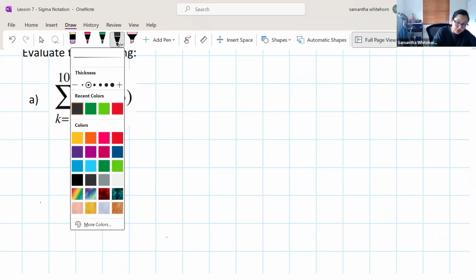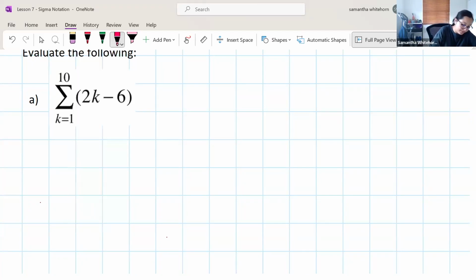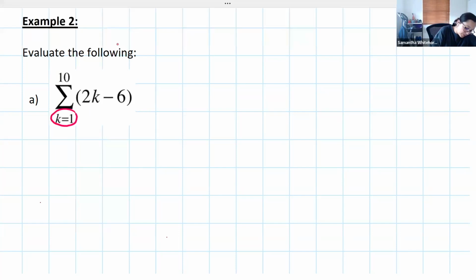And again, because we can write a series in sigma notation, we should be fine. So we've got this k equals 1, and we've got this 10 at the top. What that's saying to me is that we are adding terms 1 to 10. So essentially I'm adding 10 terms.